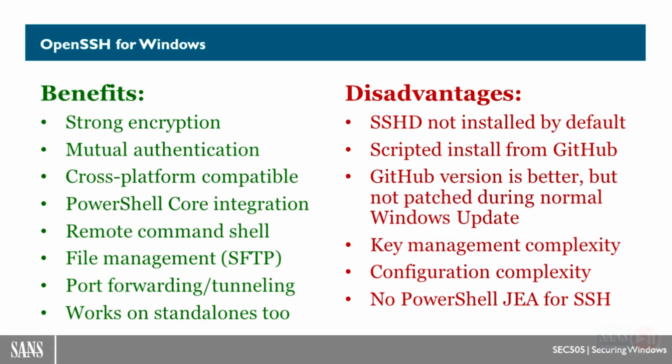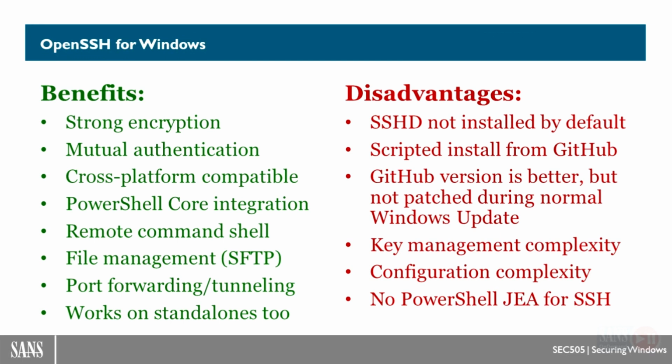Now, it could be that in a couple years, the version of SSH that is built into Windows will have all the bells and whistles that we want. And in that case, maybe it'd just be easier to go back to using the older version of SSH that comes with Windows or that comes directly from Microsoft. And then we can simplify our patch management, because now normal patch management, like with your WSUS servers, will update SSH as well.